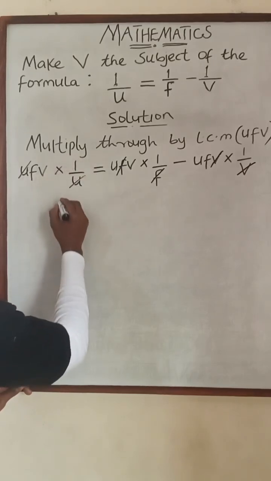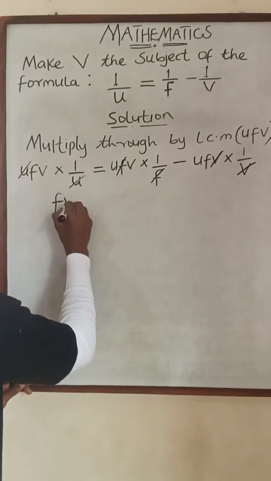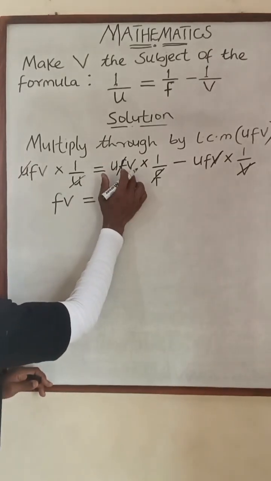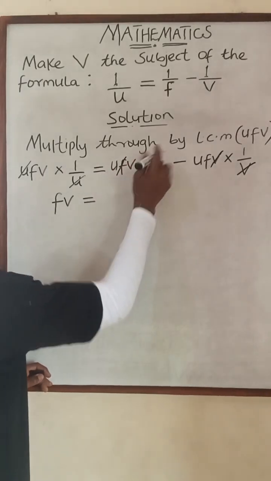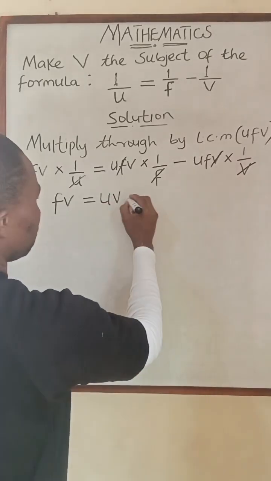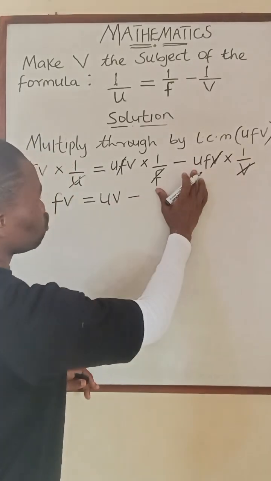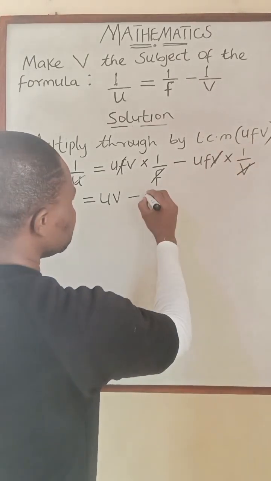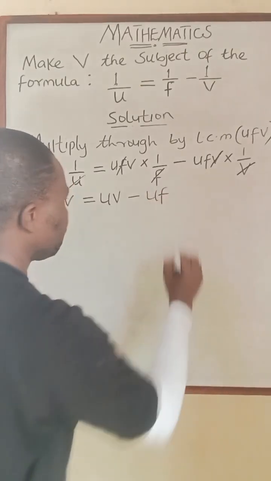FV multiplied by 1 still gives us FV, equals to, over here we are left with UV. Now UV multiplied by 1 gives us UV. Yes. Now the last one over here we are left with what? UF. Now UF multiplied by 1 still gives us UF.